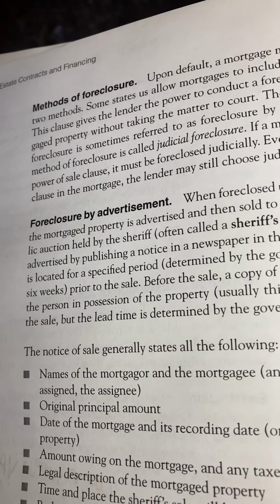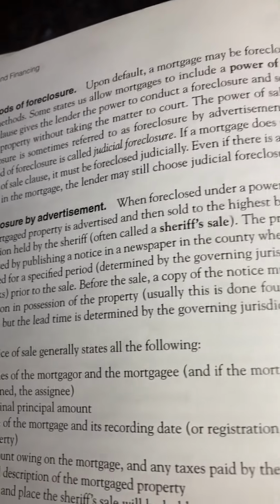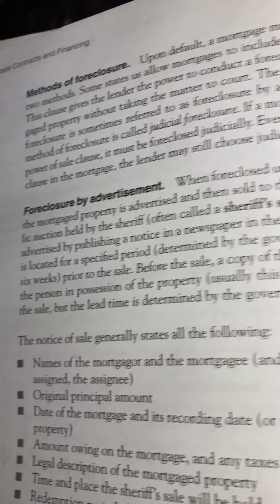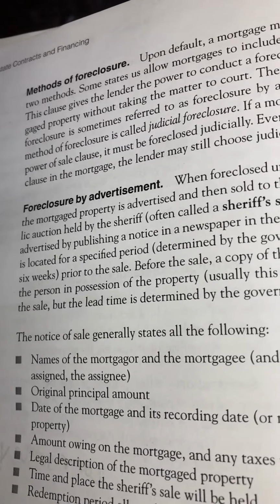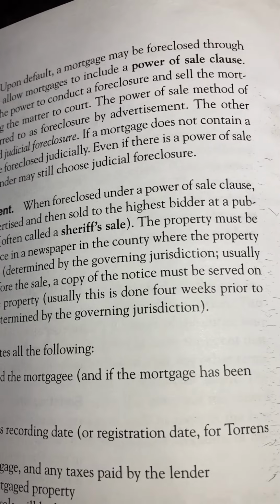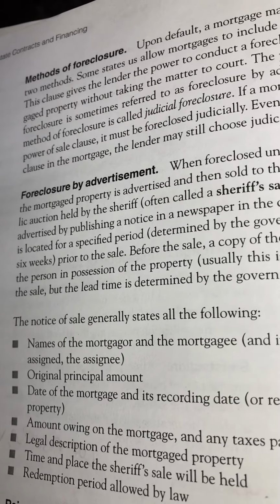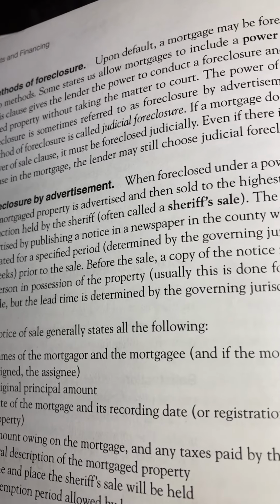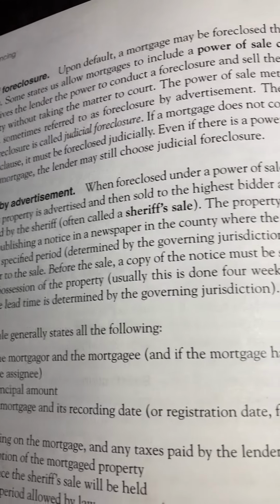Foreclosure by advertisement. When foreclosed under a power of sale clause, the mortgaged property is advertised and then sold to the highest bidder at a public auction held by the sheriff, often called a sheriff's sale.